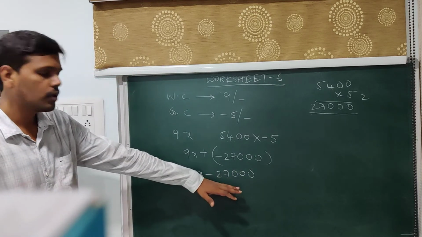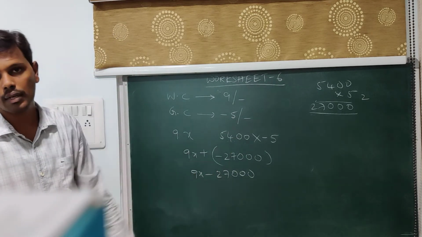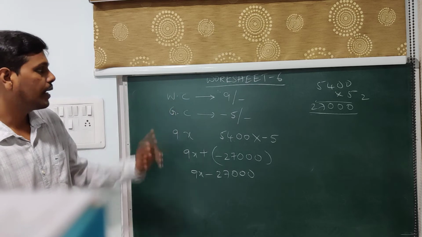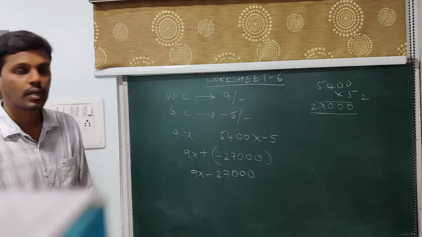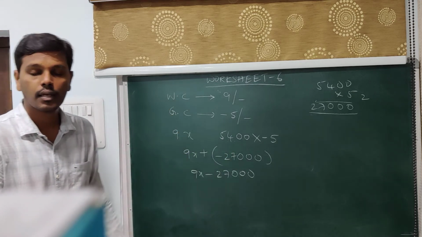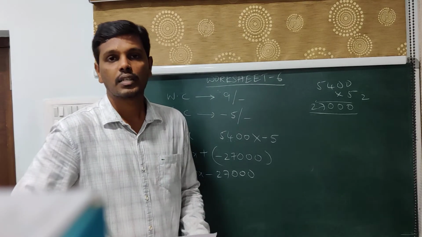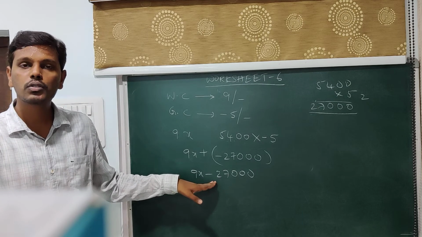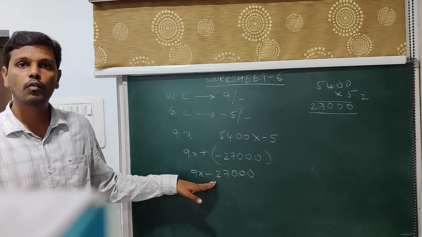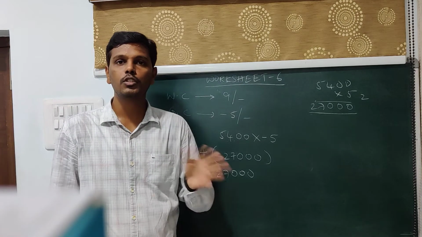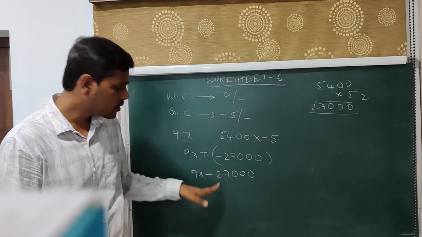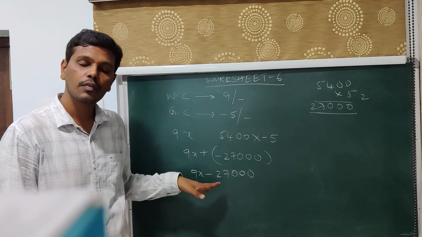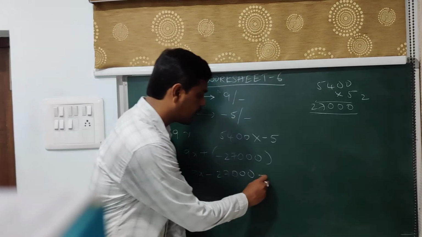So this is the amount they are obtaining on the whole transaction when they are selling X white bags and 5,400 grey bags. But they have told that there is neither profit nor loss, which means this is neither a positive quantity nor a negative quantity. The number which is neither positive nor negative is 0, which means this value should be 0. In fact, this is 0. That is what I got.